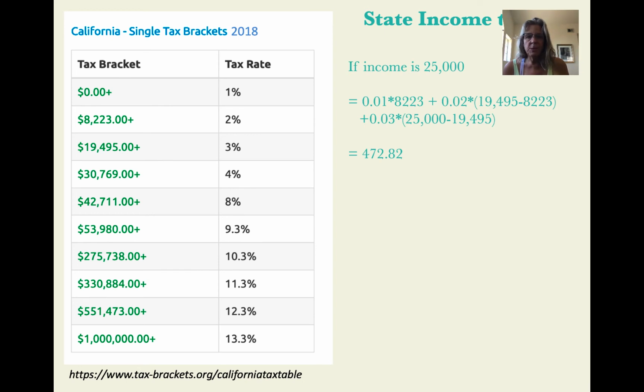Then for the difference between 19,495 and 8,223, we're taxed at 2%. And then for the difference between 25,000, which is the amount that you have, minus 19,495, you're taxed at 3%. If we do that calculation, for somebody with taxable income of $25,000, the taxes they pay are $472.82. And that's how that calculation works.